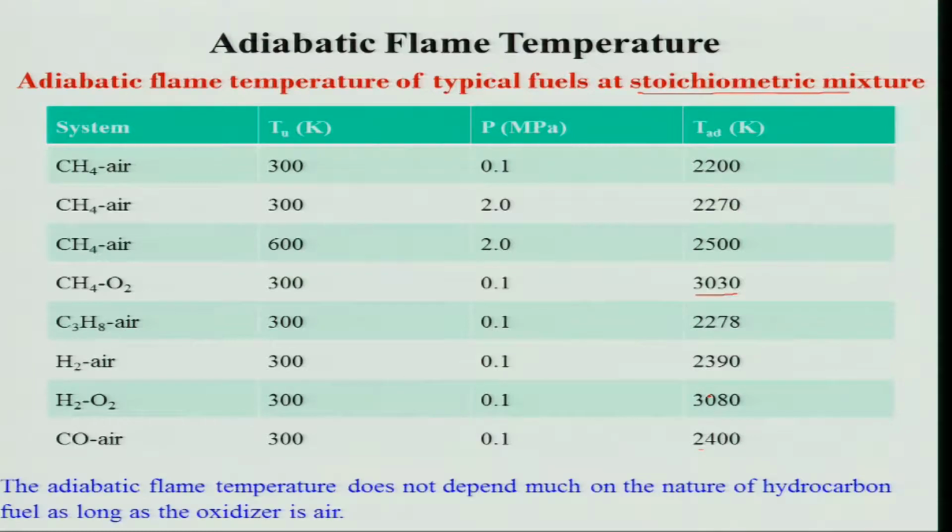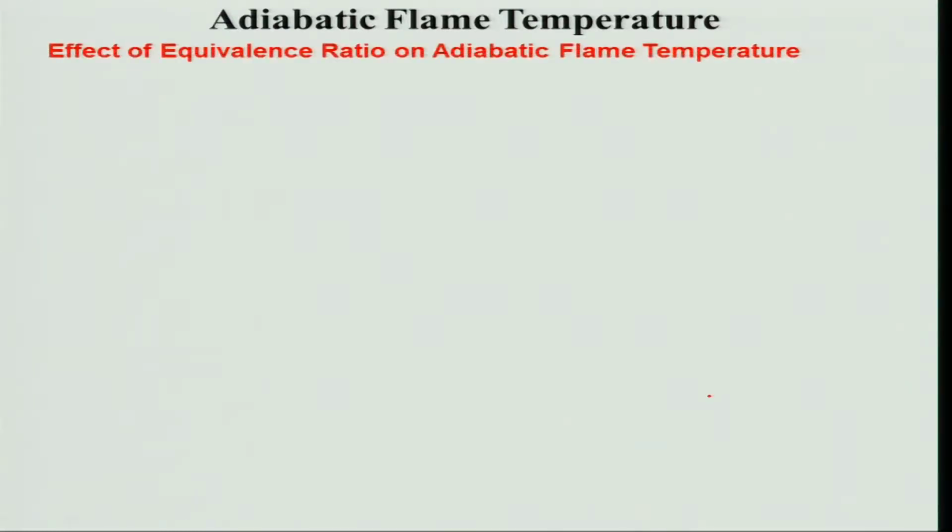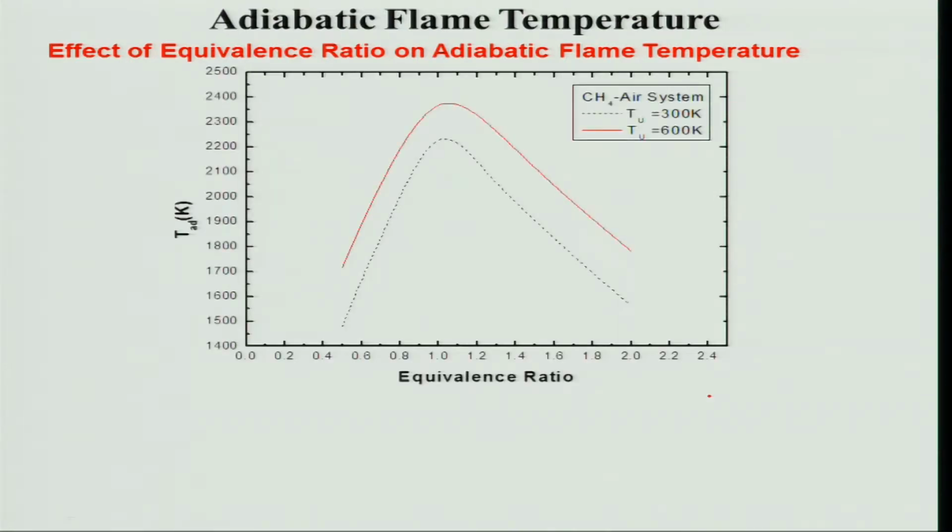So, it depends on the inlet temperature, the inlet pressure, and also the fuel air ratio or the equivalence ratio. Let us look at how it really varies. I have taken an example of a methane air system at 300 Kelvin, with the adiabatic temperature plotted with respect to equivalence ratio.